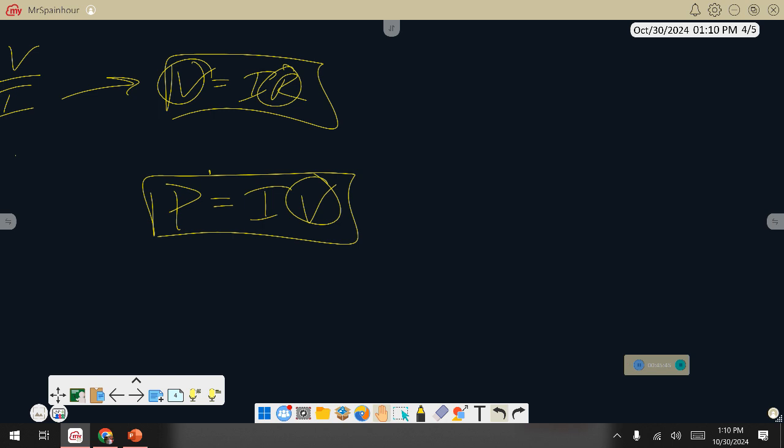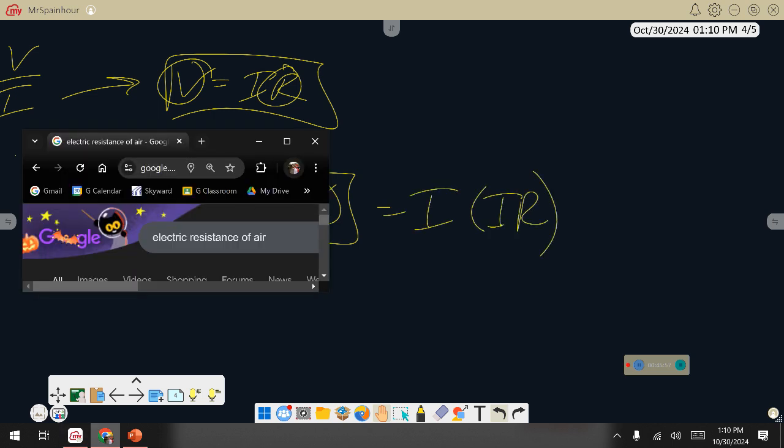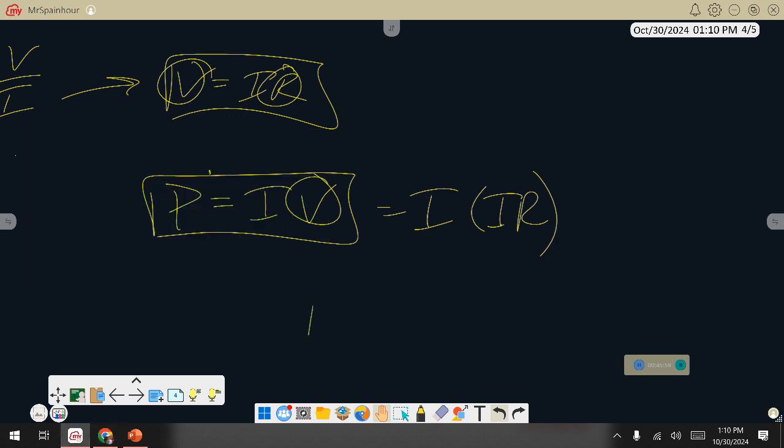So that being said, what you could do is take this and do some substitution. If V is equal to IR, then power is equal to I times IR. Or power is equal to, oops, not resistance, dummy, power. Power is equal to I squared times R. When is this helpful?